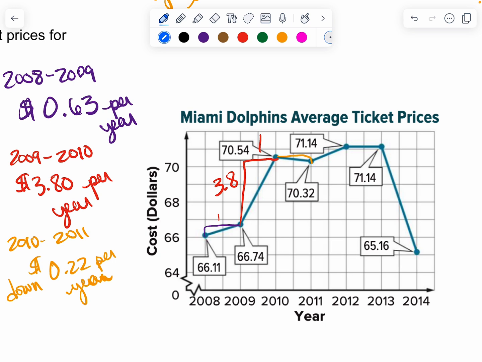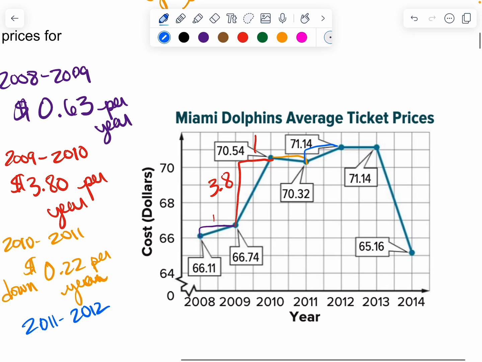We're going to do 2011, 2012. This time it went up. So 71.14 minus, oh, another one I could have done in my head. That's okay. 82 cents per year. So this is up.